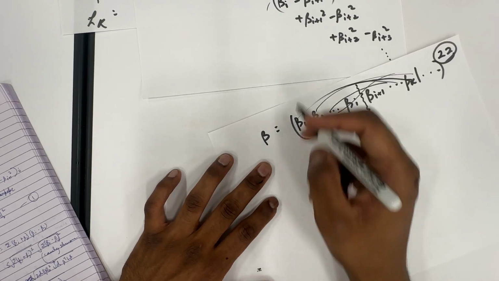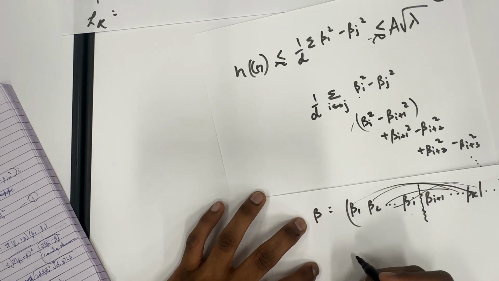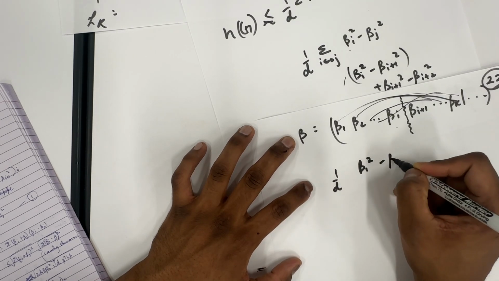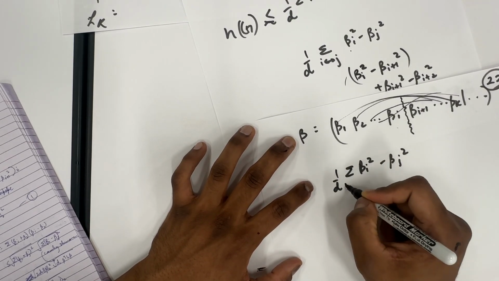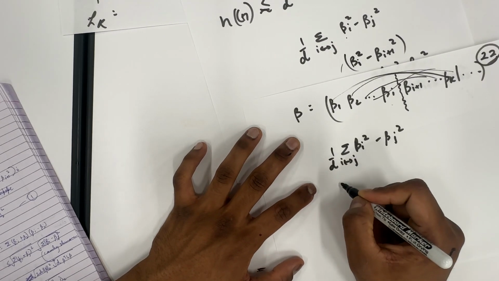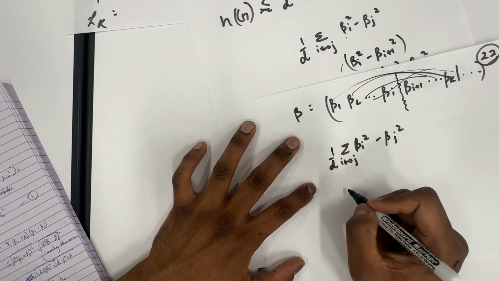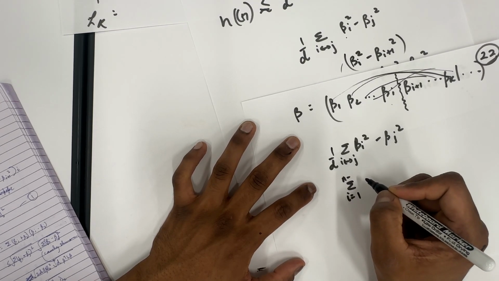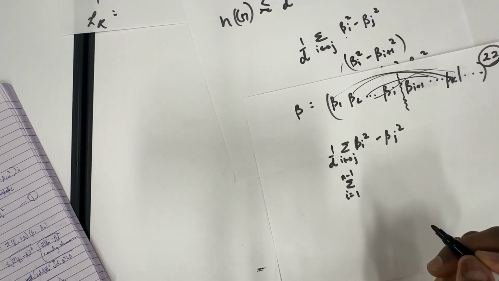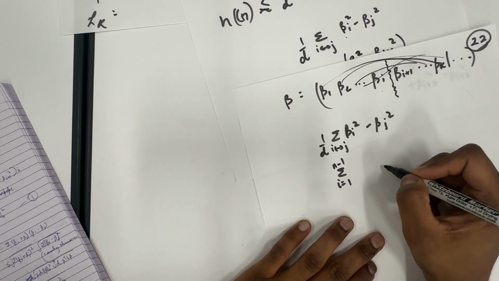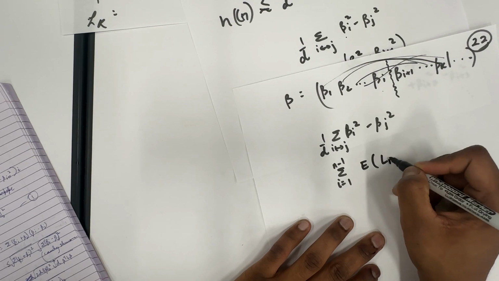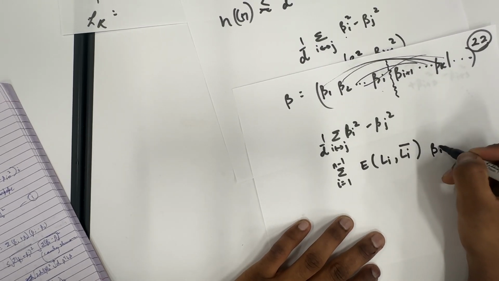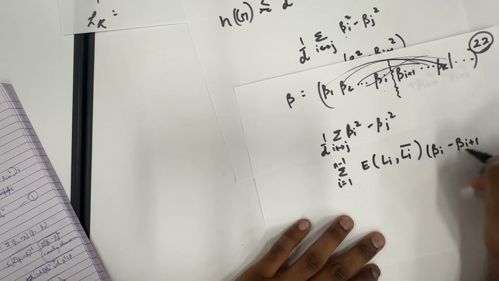So what I'm claiming is this quantity, 1 over d, beta i square minus beta j square summed over all ij edges, is the same as the sum going from i equals 1 to n minus 1, of the number of edges crossing Li and Li bar, times beta i square minus beta i plus 1 square.